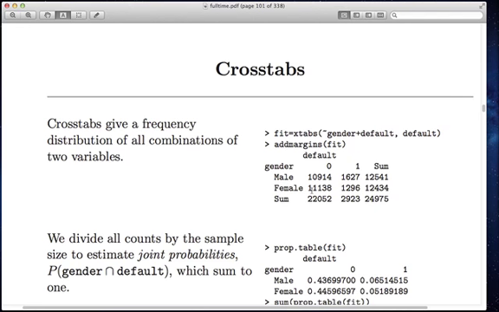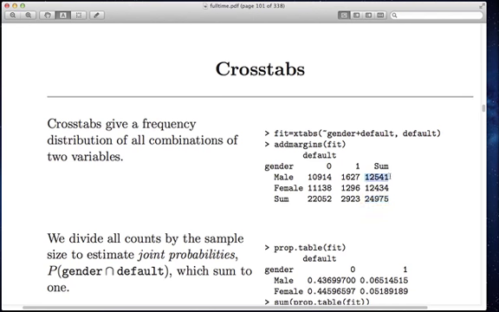Let's start out with the margins. The total sample size is given down here: 24,975. On these margins, you get what's called a marginal distribution. It's really just a frequency distribution of the individual variables. So 24,975 can be broken out into males and females.